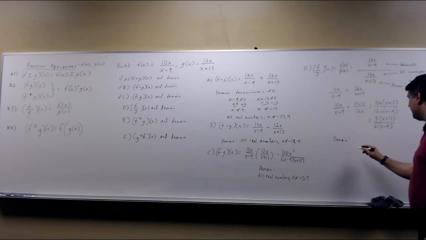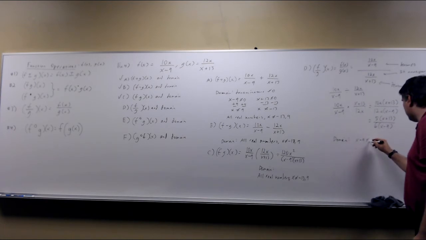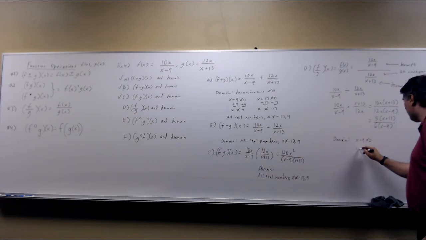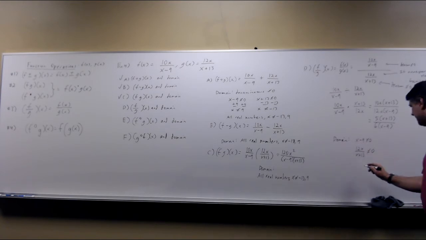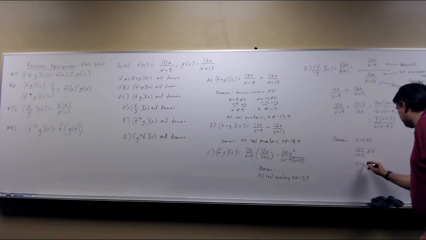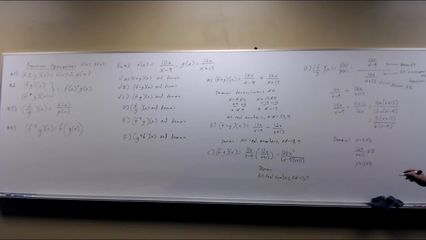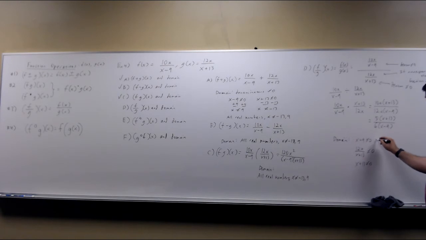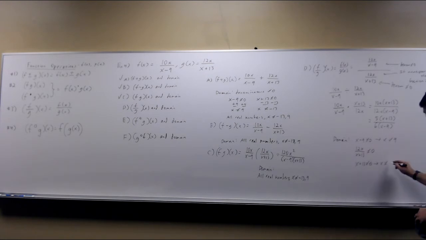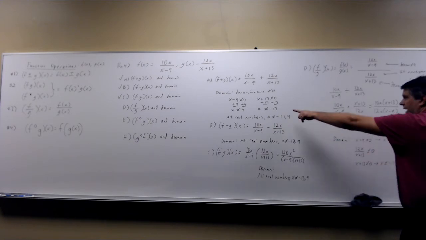Okay, so x minus 9 cannot equal 0. 12x over x plus 13 cannot equal 0. And x plus 13 cannot equal 0. Well, we've had that discussion. x cannot equal 9. x cannot equal, sorry, negative 13. We had that discussion earlier.